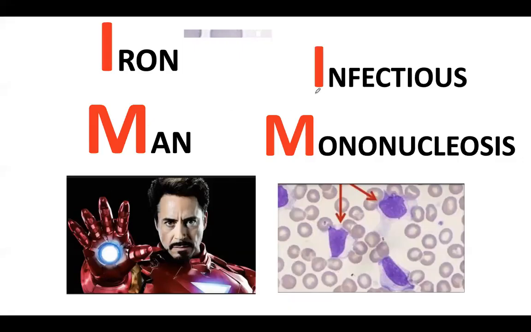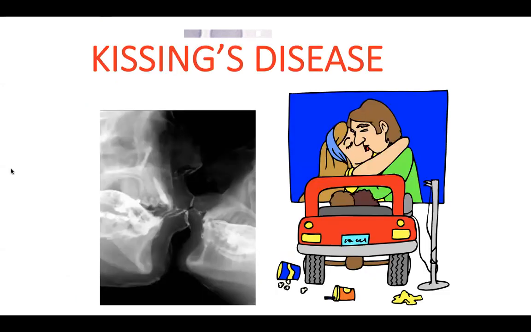So here, IM for infectious mononucleosis is IM, Iron Man. And who plays the role of Iron Man? It is Robert Downey. IM is IM, infectious mononucleosis. Always remember that for your exam.